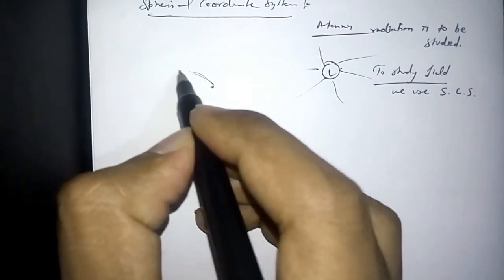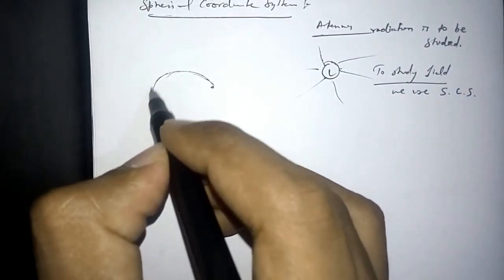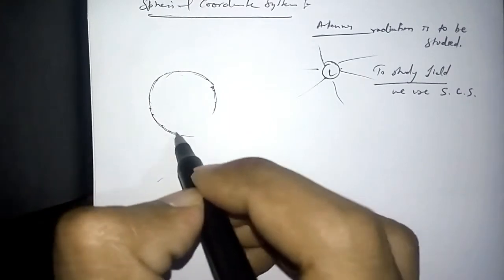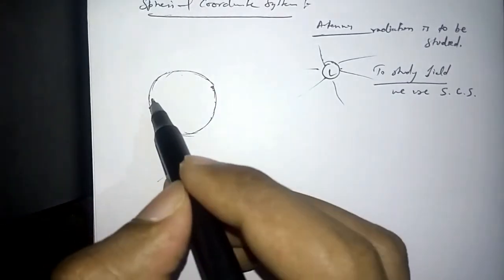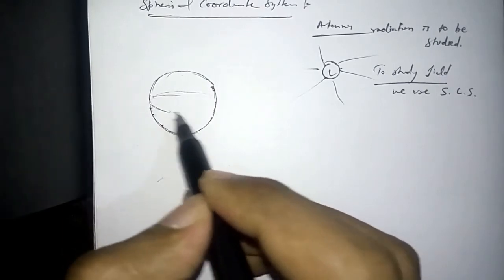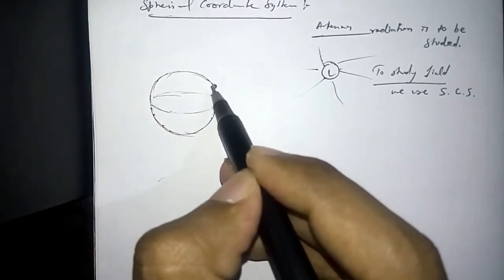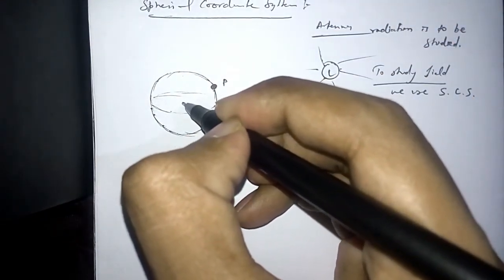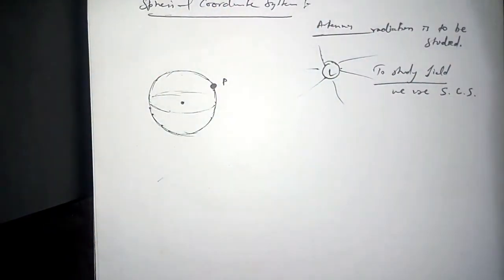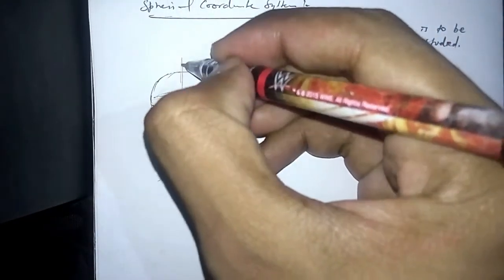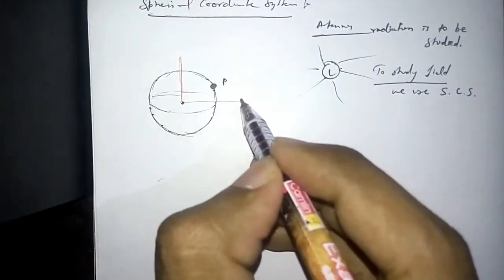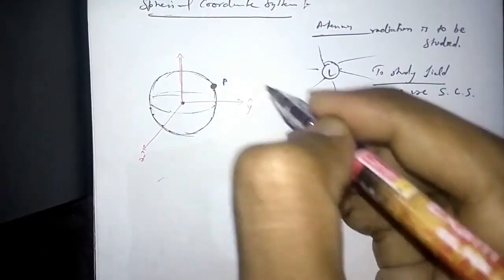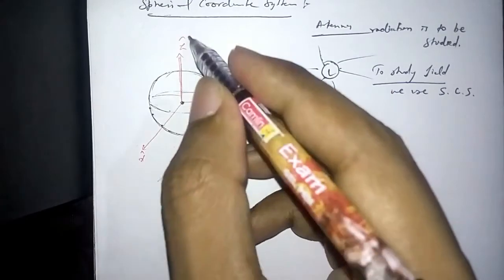In spherical coordinate system, let's say we have a point P here, so we will draw a sphere. This is gonna be a little bit horrible, not that much bad. Let's say this is the sphere and this is the point P which we have to analyze. We take the center of the sphere as the origin of x, y, z coordinate. This is x-axis, this is y, and this is z. So x cross y is equal to z.